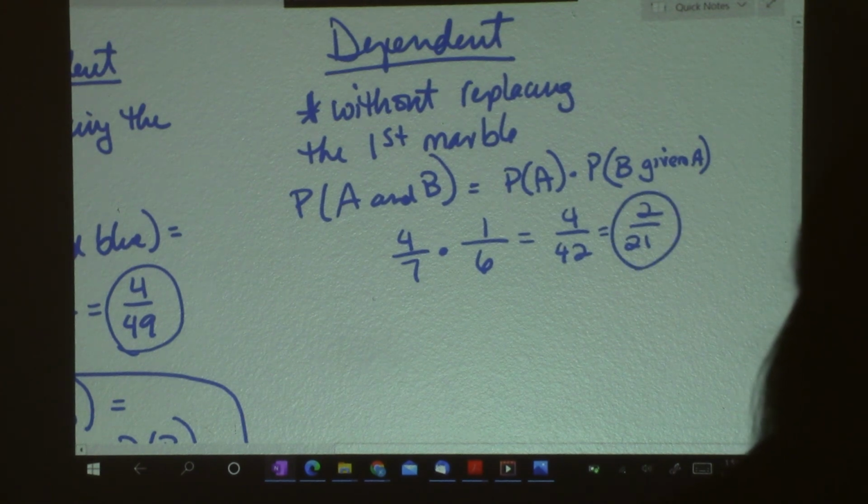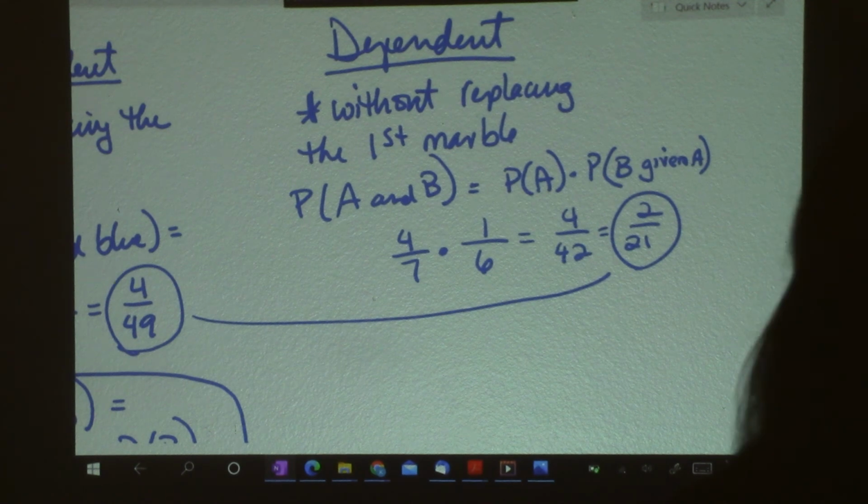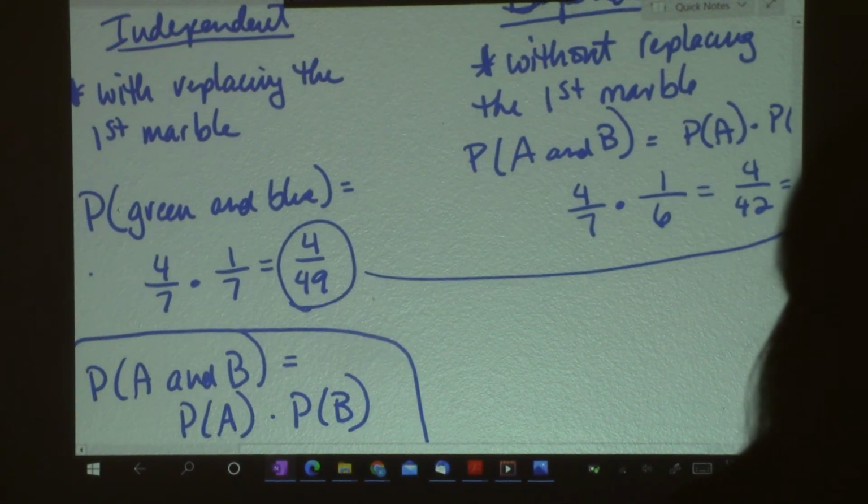Okay, so it's still very unlikely, but it's a little more likely than the first one. Still highly unlikely to pick those two things. Okay, so I hope you understand. We'll keep going and try some more.